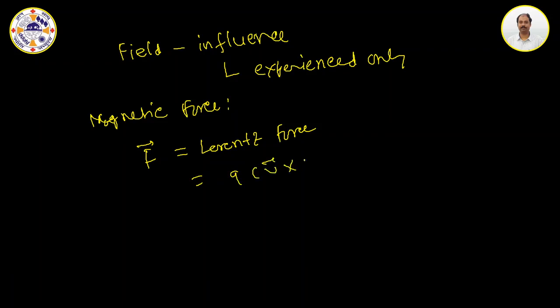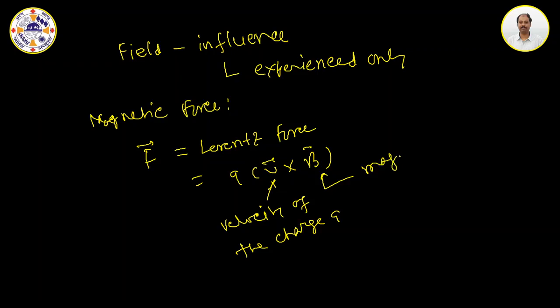F is equal to q into v cross B. v is the velocity of the charge q, B is the magnetic field or induction in that region.